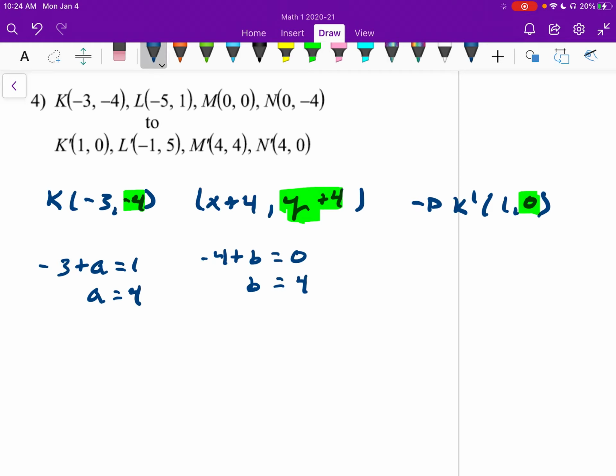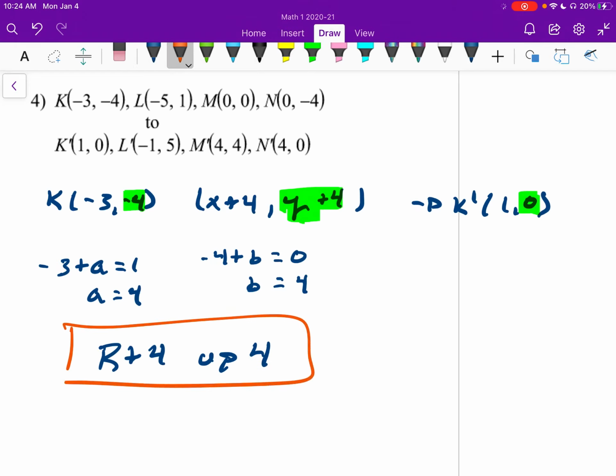So this means that I go right 4 and then up 4. There's our formula. I don't know if everyone will like doing it this way. That's the way that I learned how to do it. I think it's a lot easier just to do it in our head. Whatever works best for you.